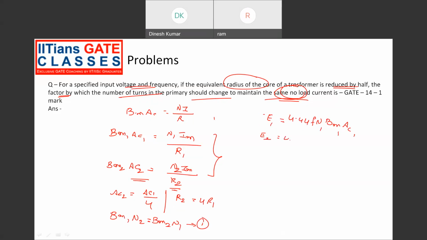Similarly, E2 equal to 4.44, frequency the same, number of turns N2 into BM2 into AC2, right? AC2 equal to AC1 by 4. So substituting AC2 equal to AC1 by 4 and equating these two expressions, we will get N1 BM1 equal to N2 BM2.